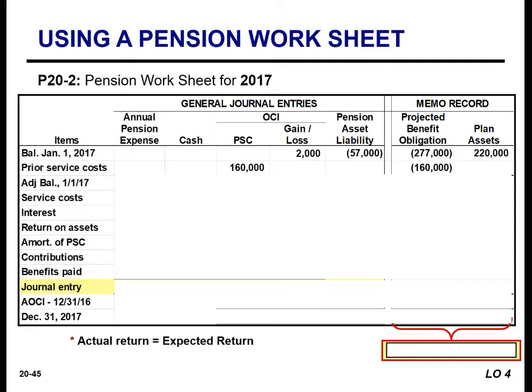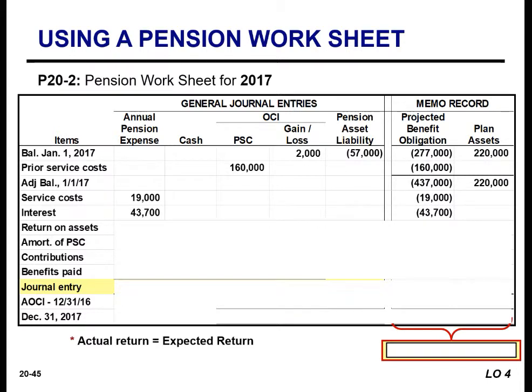Notice that it's going to that other comprehensive income account, giving us new balances of $437,000 for our projected benefit obligation and the plan assets at $220,000. We have $19,000 in service costs, settlement rate of 10%, so $437,000 times 10% is $43,700.